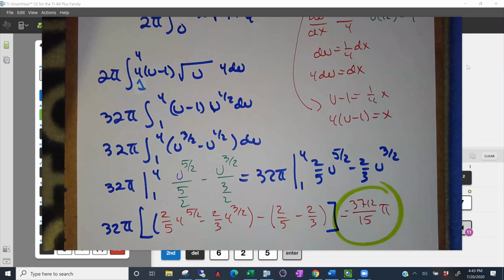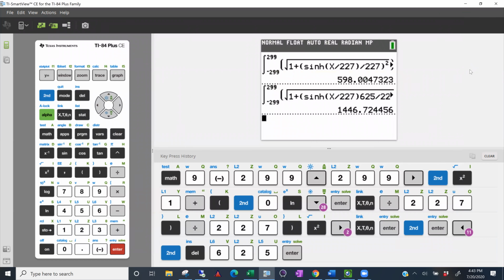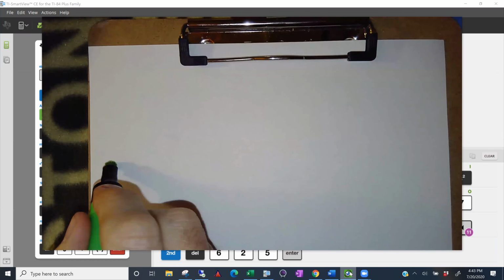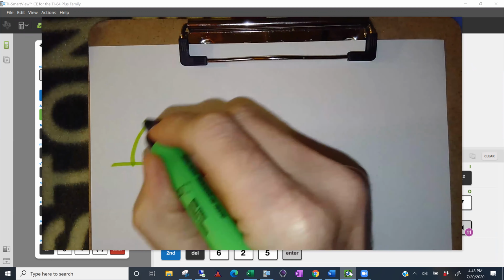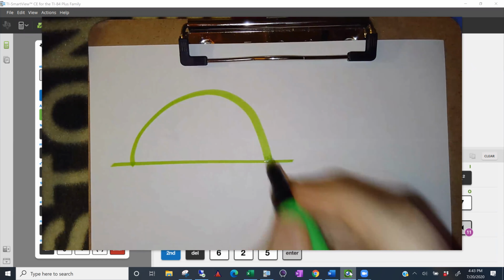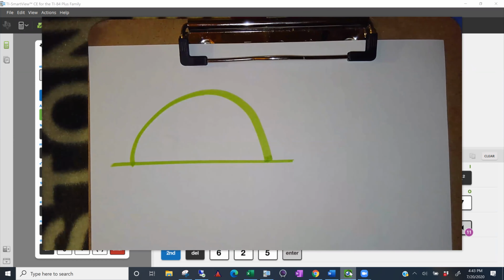So, let's think of this curve right here. Basically a semicircle, right?